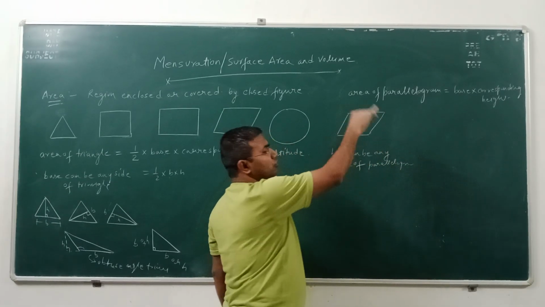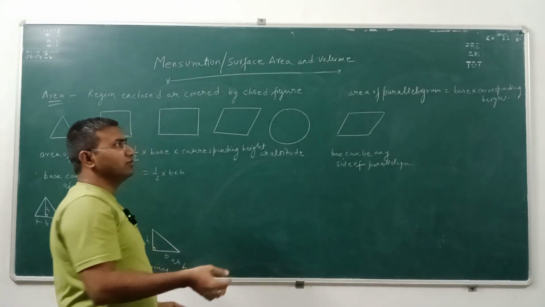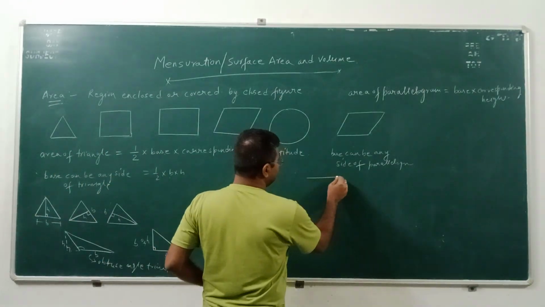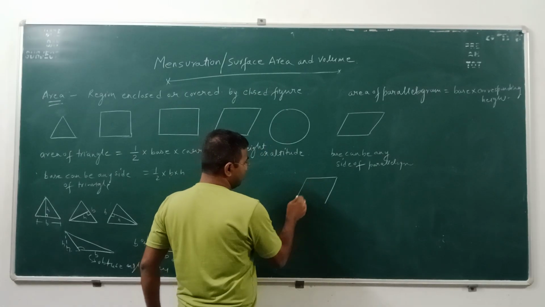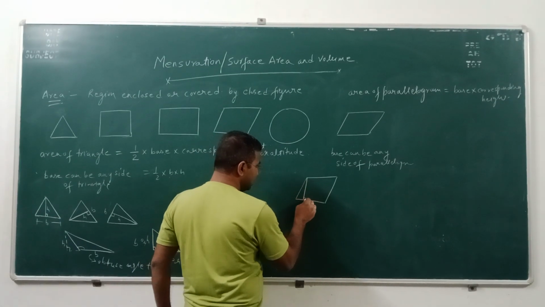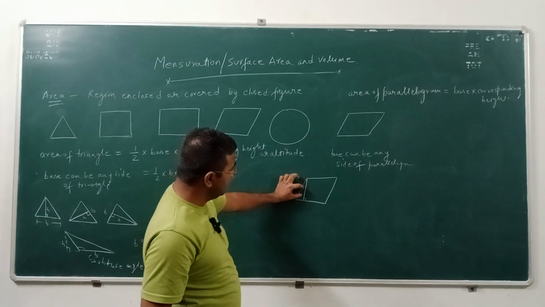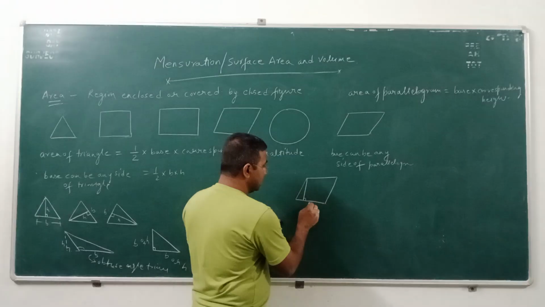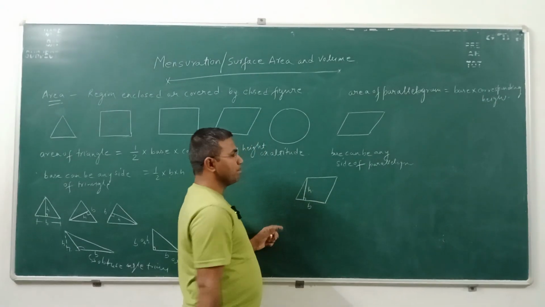You can see four sides are there, so any one side from the four sides can be the base. How will you decide which one is the base? Suppose you have drawn a parallelogram and drawn the height like this, on this side. Then this will be called the base and this will be the height.